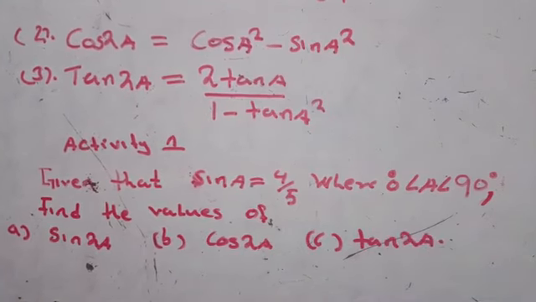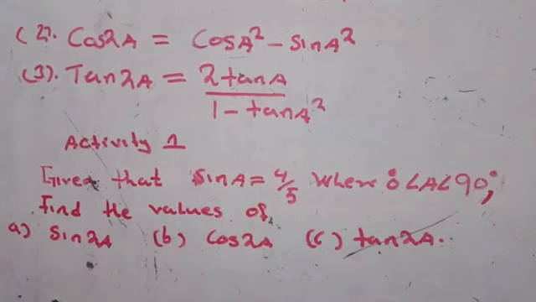So this is the question. I'm going to repeat our activity. Given that sine A is equal to 4 over 5, where 0 degrees is less than A is less than 90 degrees, find the values of A: sine 2A, B: cos 2A, and C: tan 2A.